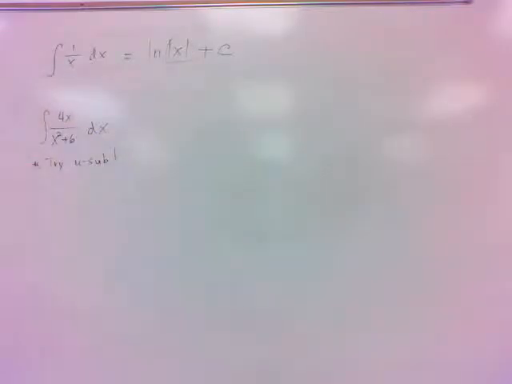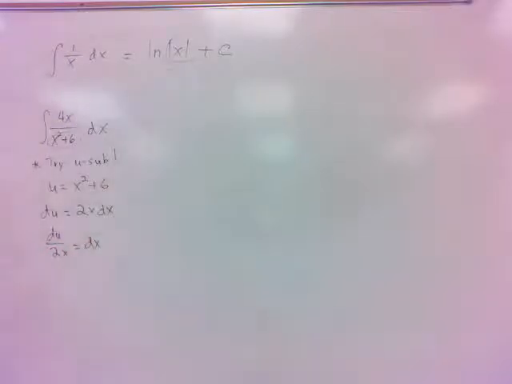We'll be learning all these techniques, but if you can use u-substitution, that is by far going to be the easiest way to go. And this one is the u-substitution here, because if you let u be that x squared plus 6, you see what's going to happen? du then is 2x dx, and du over 2x is dx.